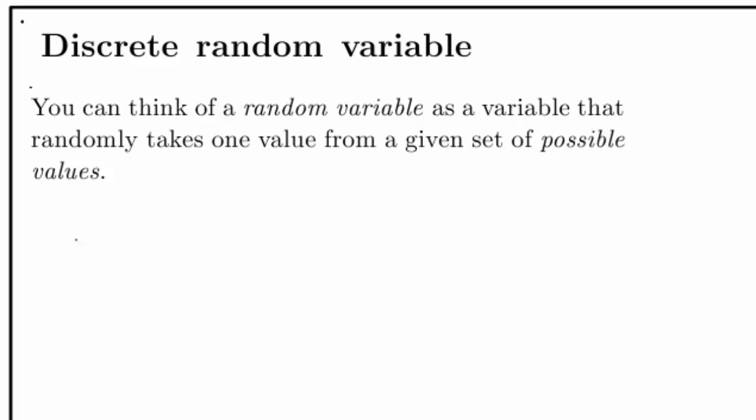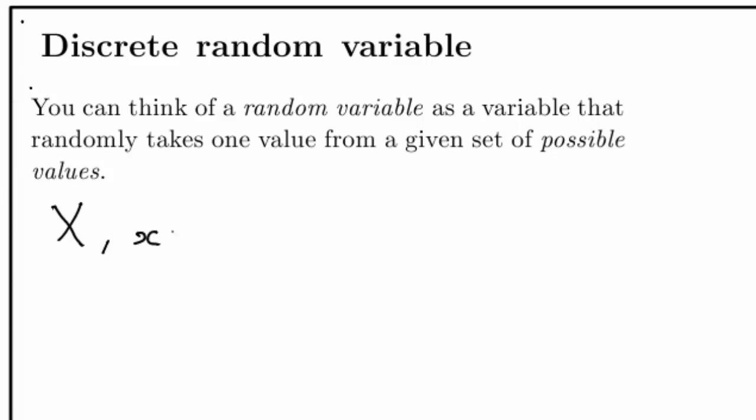If you are new to probability theory, then a very useful way of thinking about a random variable is as a variable that randomly takes one value from a given set of possible values. Random variables are typically denoted by capital letters such as X, while ordinary variables are typically denoted by lowercase such as x.